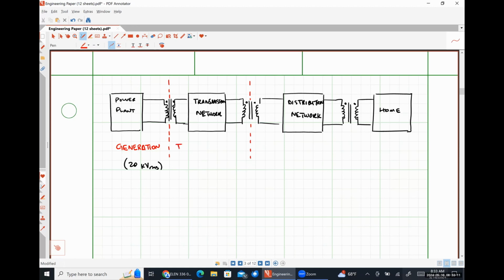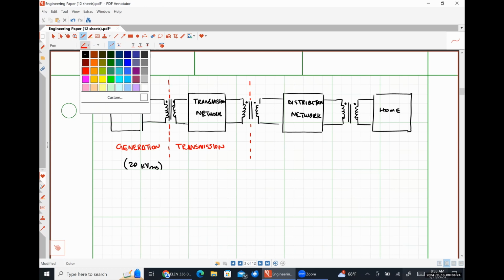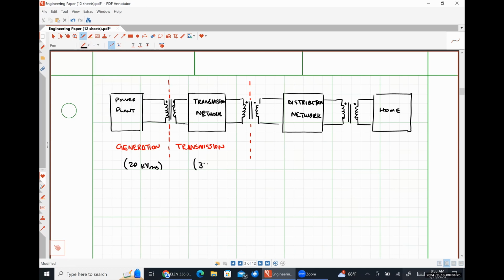From the secondary of that first power transformer all the way up to the primary of the next power transformer, we are in the transmission regime. So this might be 345 kilovolts RMS.